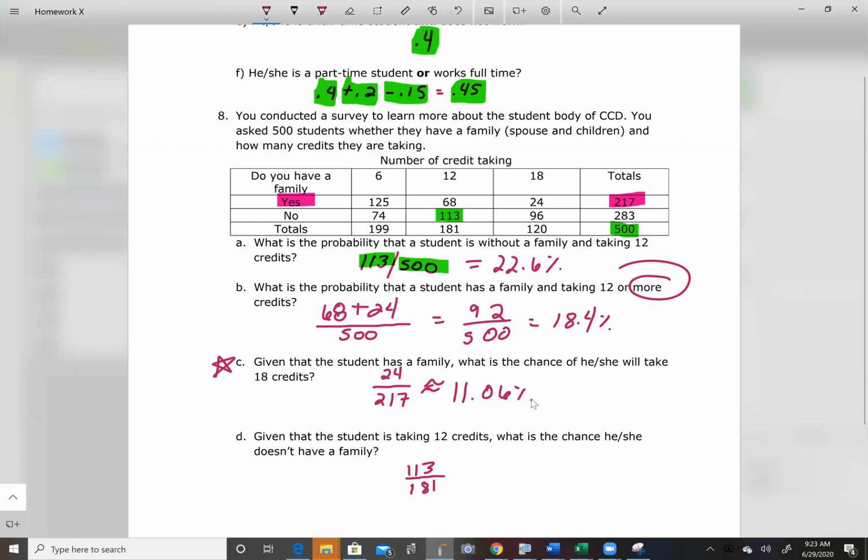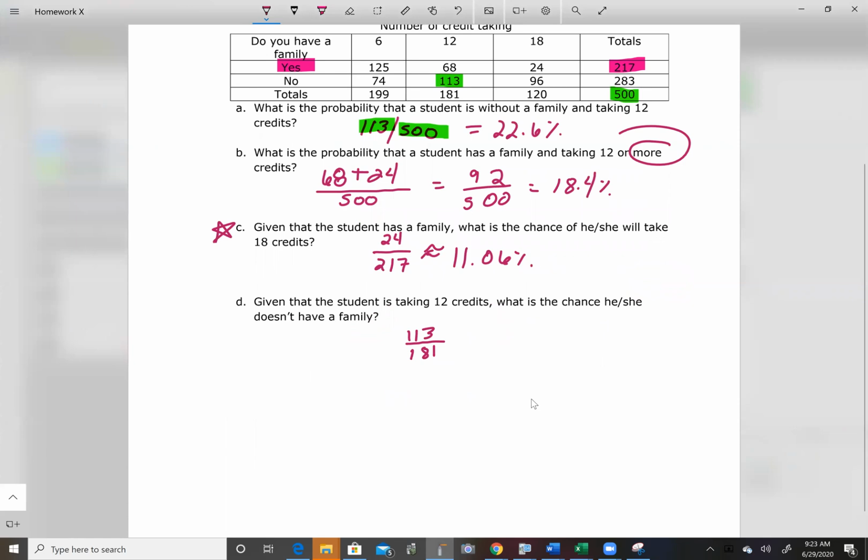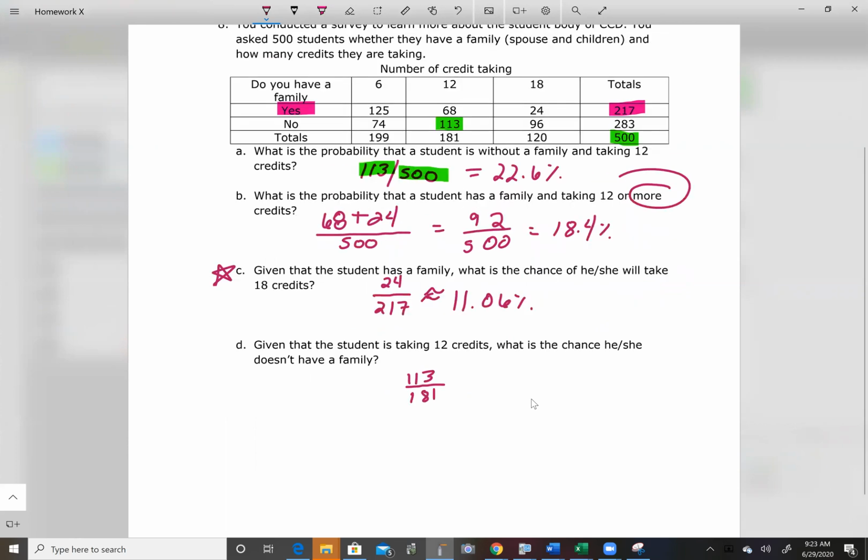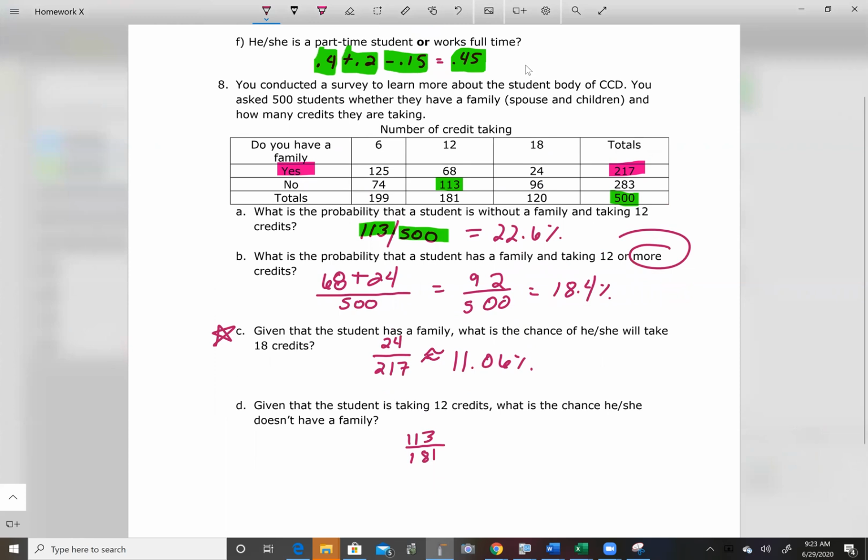And last for this homework, given that the student is taking 12 credits, what is the chance he or she doesn't have a family? In this case, our denominator is 181 because that is the total number of students taking 12 credits.